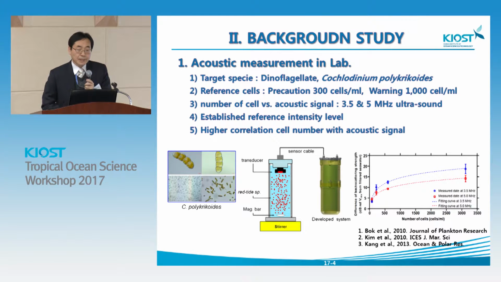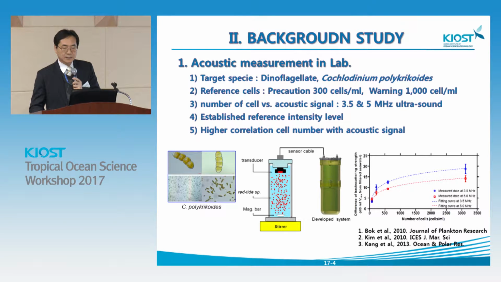First, we did an experiment in the lab. The species that occurs in Korean waters is Cochlodinium. This is the species that causes the red tide almost every year. So we used this one and cultured it, and then with varying cell density, we measured the sound scattering, the difference in backscattering strength.